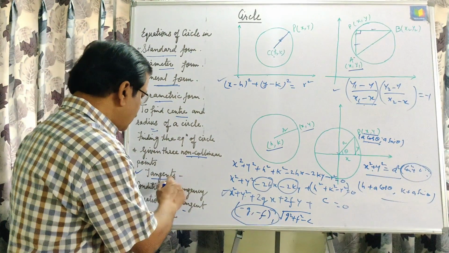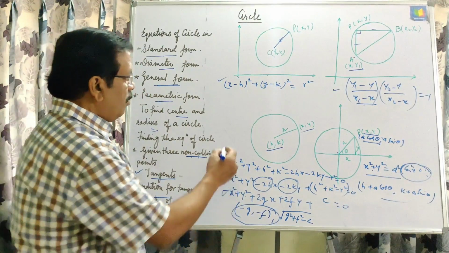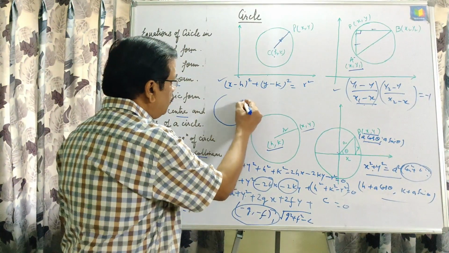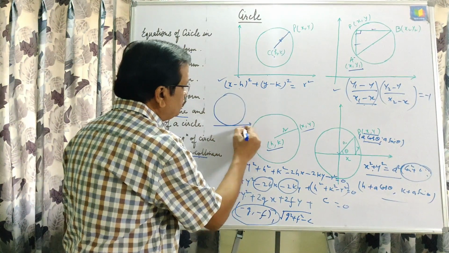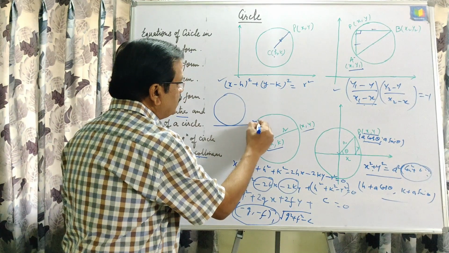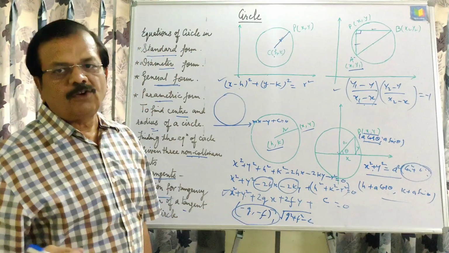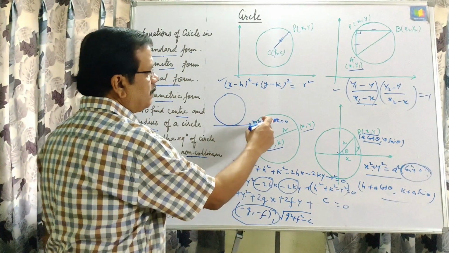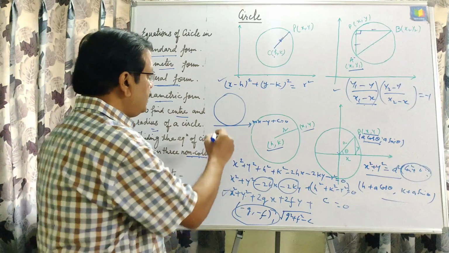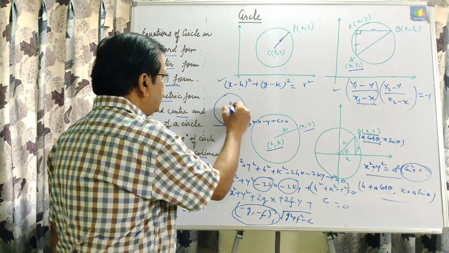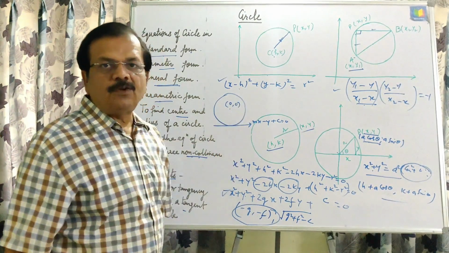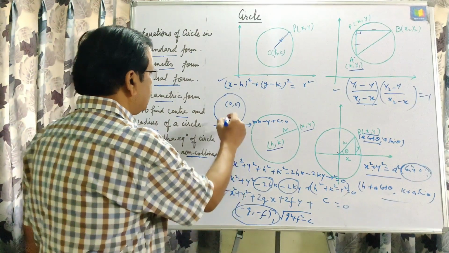Now tangent to the circle. Suppose any line is tangent to the circle, let y = mx + c, that is mx - y + c = 0, and let (0, 0) be the center of the circle.